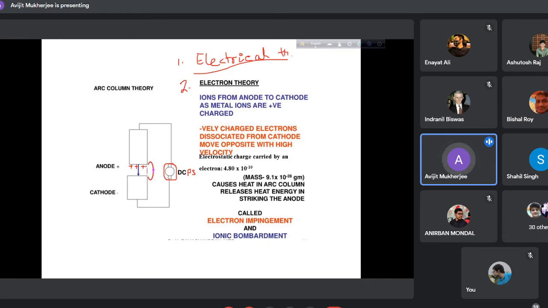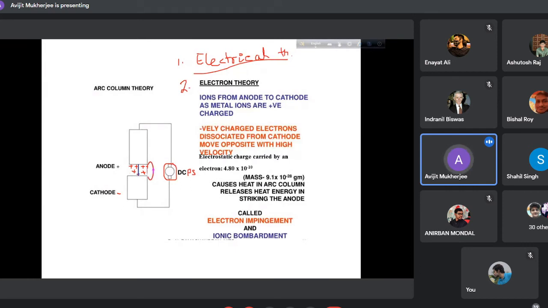What is an ion? Positively charged particles. A number of positively charged particles will be liberated, and as they are positively charged, they will be attracted towards the opposite terminal, that is the cathode. So this is the path, and they will move from anode to cathode.